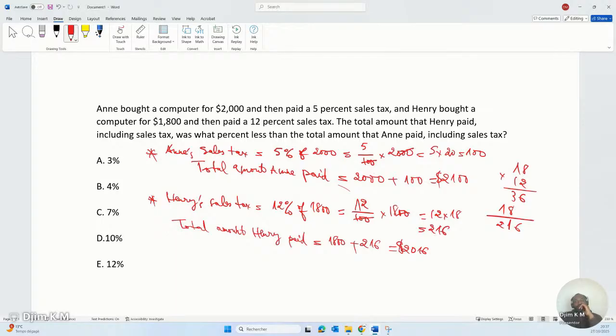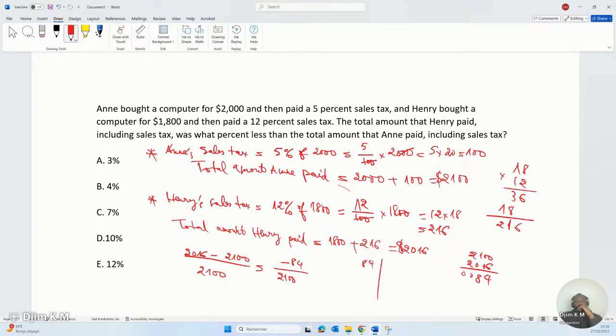So this will be 2,100 minus 2,016, which is 84.